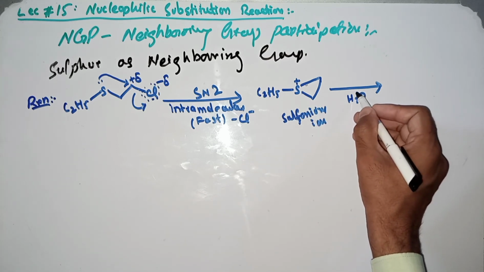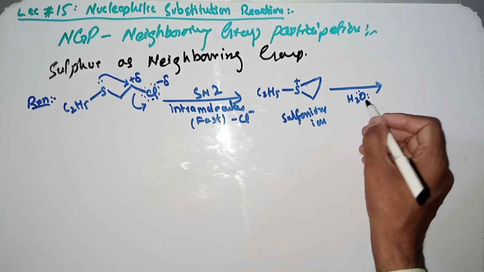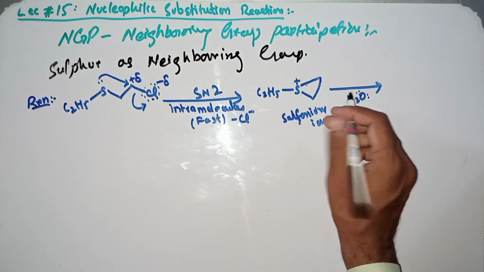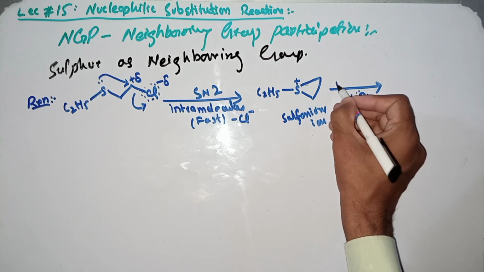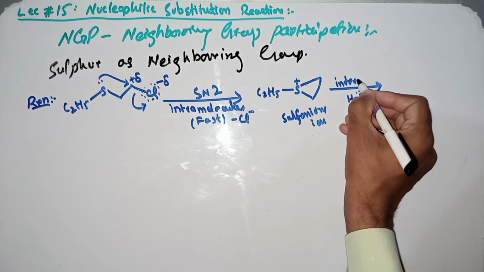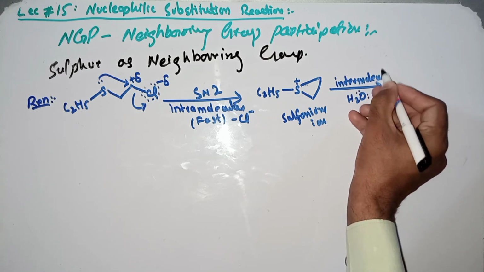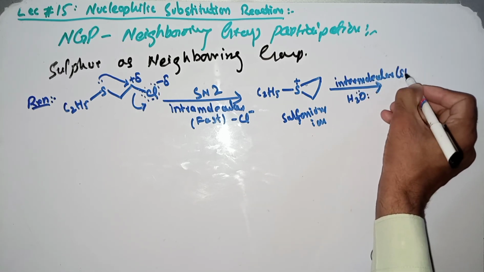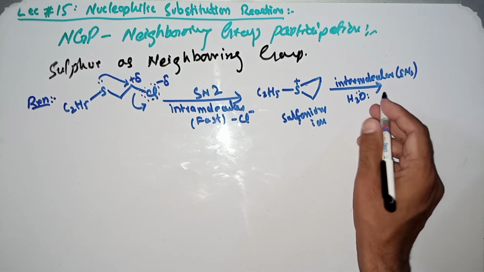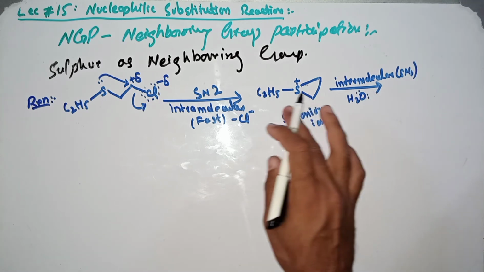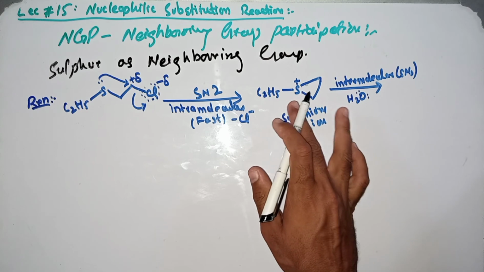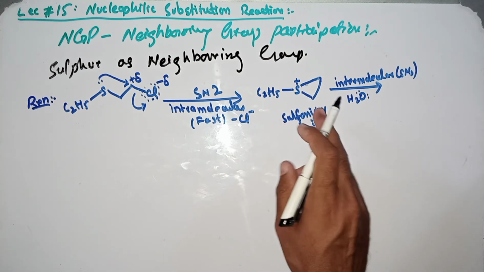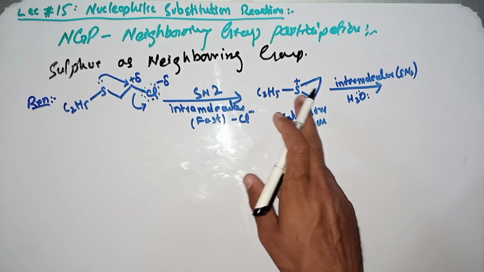Water acts as a solvent, and the solvent will act as a nucleophile. Here an intermolecular attack will be present, intermolecular SN2, because the nucleophile and electrophile are both different, not from one molecule, both are different atoms.